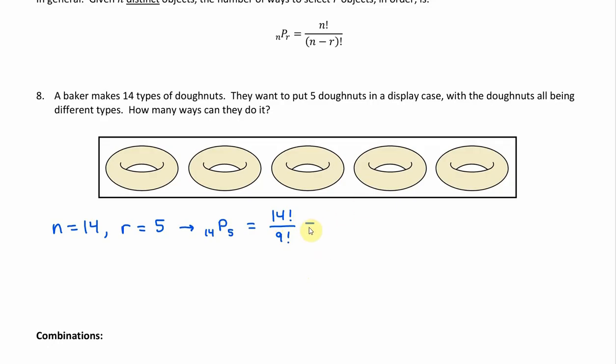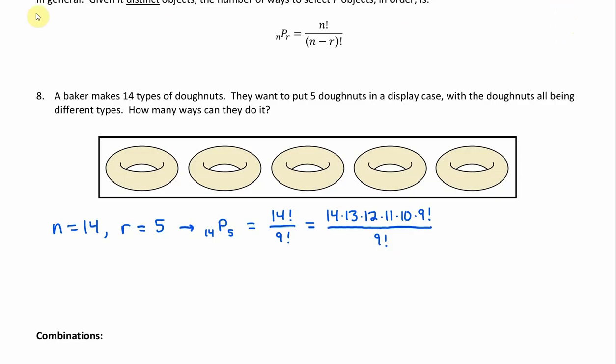And then if you expand these out, you'd have 14, 13, 12, 11, 10, and then I'm just going to write this as a 9 factorial. You could write it all the way out, but I know I'm going to cancel that with the 9 factorial on the bottom. So I think we can stop there and just say, okay, this is the plan.